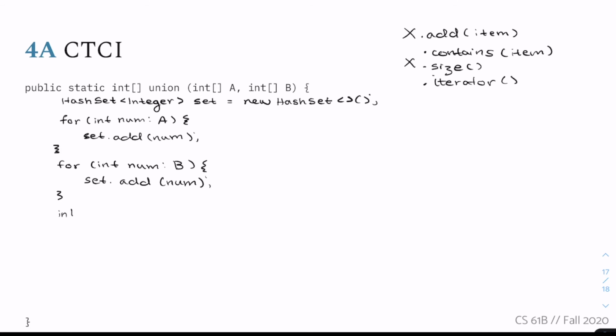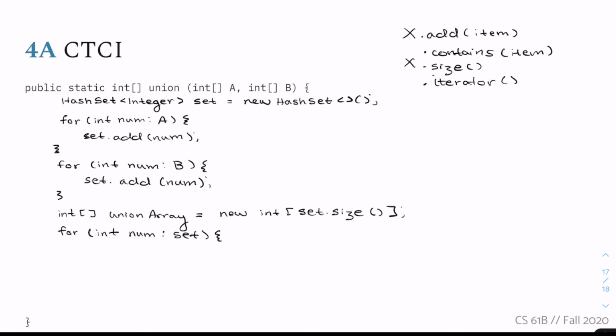So int array union array equals new int set dot size. And now that we have that, we can go and use our iterator for int num in our set.